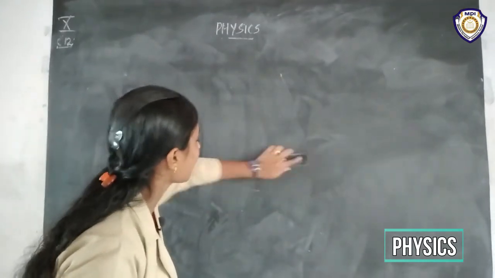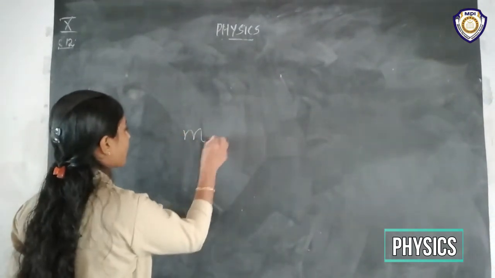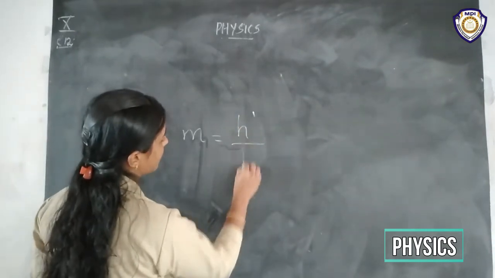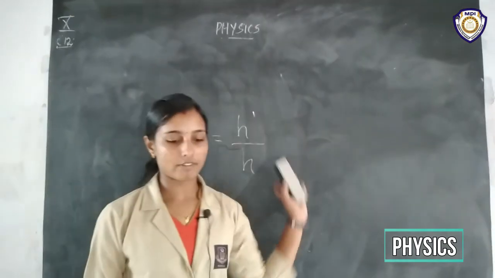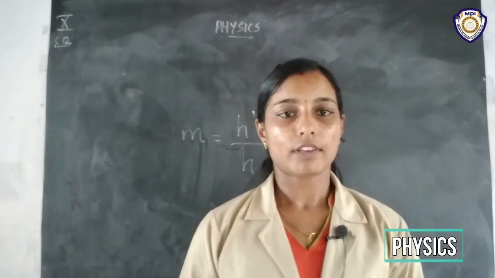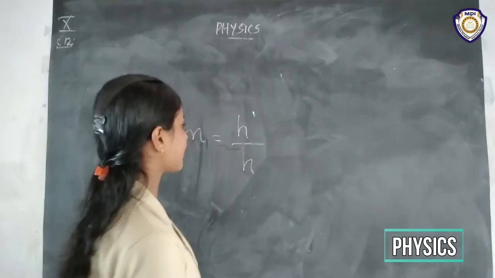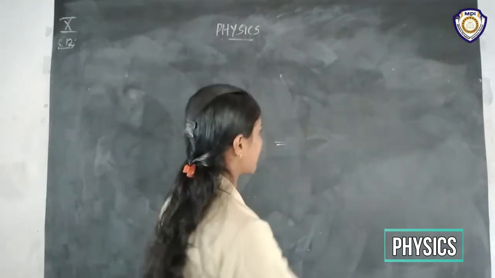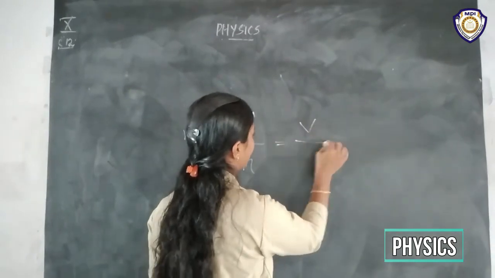It is similar to that of the mirror formula. m is equal to h dash by h, that is image height divided by object height. And we know it is also related to the object distance and image distance as v by u.